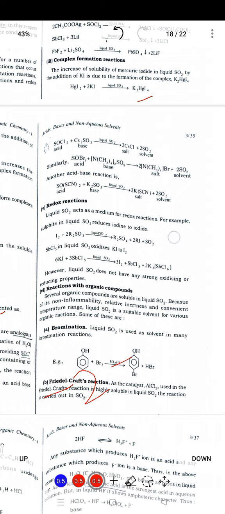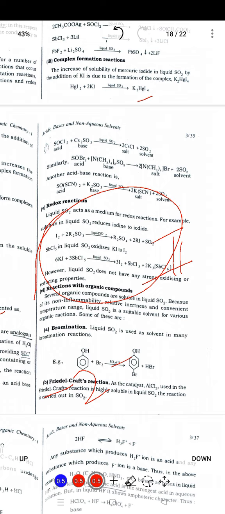So these are two examples of oxidizing and reducing: in the first case it reduces and in the second case it oxidizes. Very, very important: redox reactions of sulfur dioxide. So iodine plus R2SO3 gives, in liquid sulfur dioxide, R2SO4 plus iodide, right? Here iodine is reduced to iodide, and in the next case, oxidation, in the solution potassium iodide is oxidized to iodine.